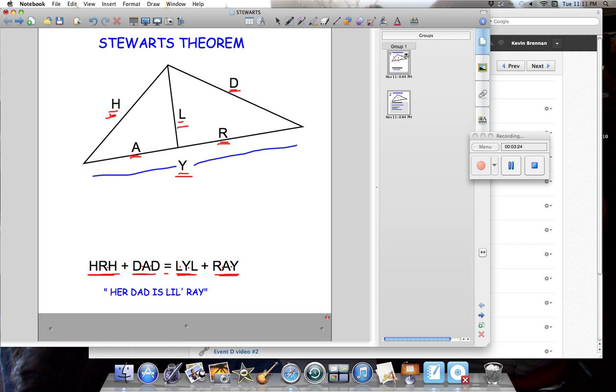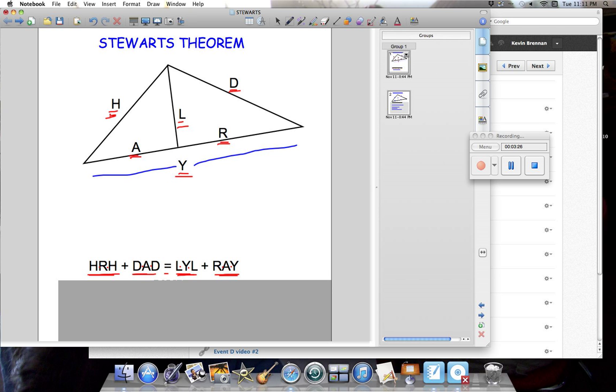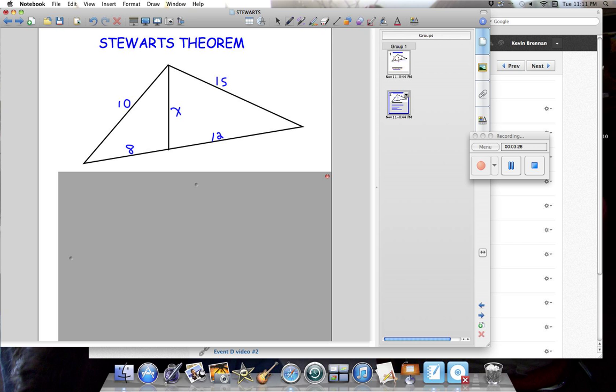On the next slide, I'm going to throw some numbers in and we'll do some calculations. So I've thrown in these distances, lengths of the segments, and we're going to do some calculations.